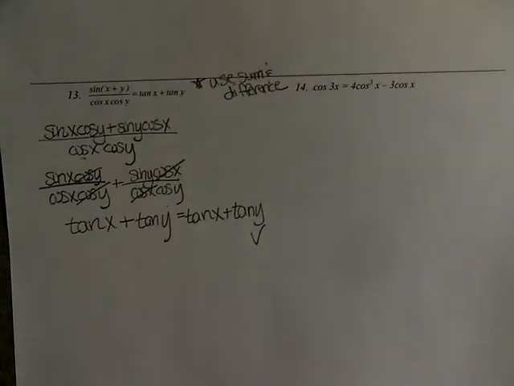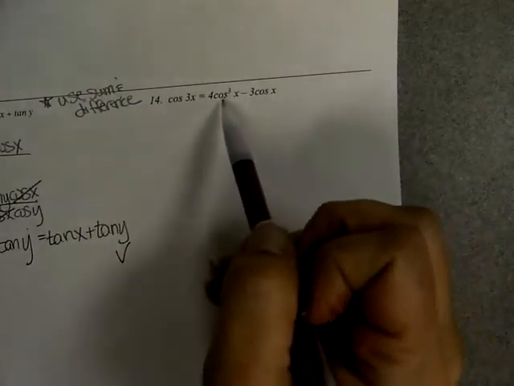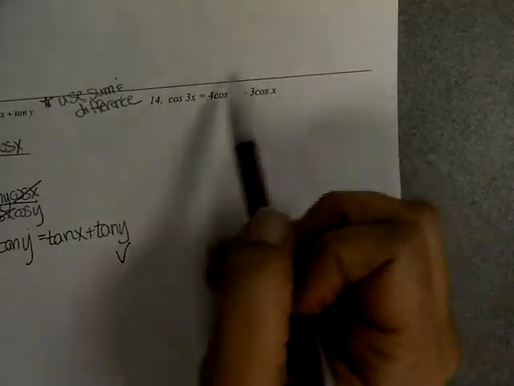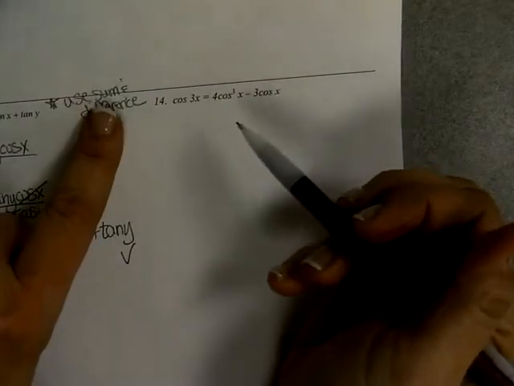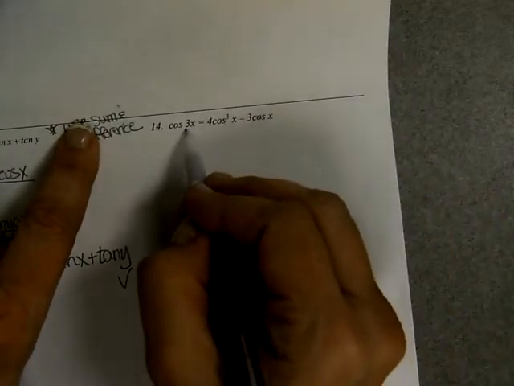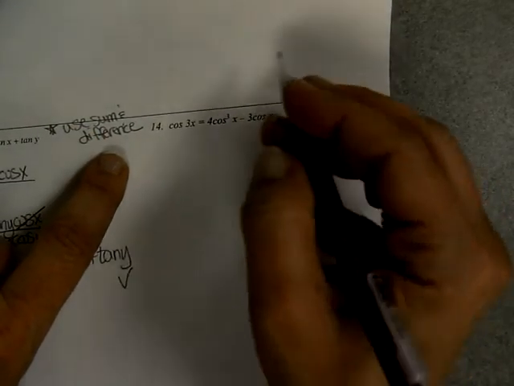Okay, so now we're on to number 14. If I look at 14, I understand that this looks like the more complicated side, and you could totally use that side, but one of the things that we've been looking at is the sum and difference problems.